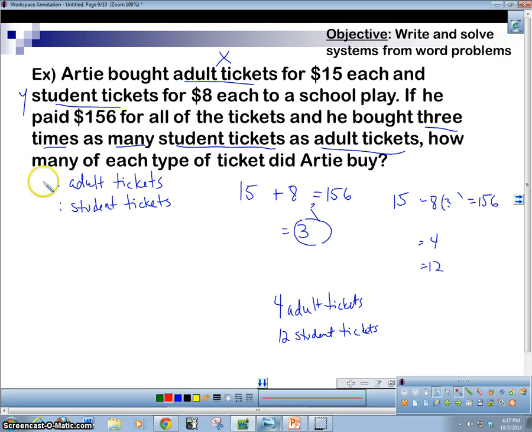So this is 15A and 8S, right? Now that makes much more sense. 15A, 3A, okay? So he had 4 adult tickets and S tickets. So that makes a lot more sense to use A and S, okay?